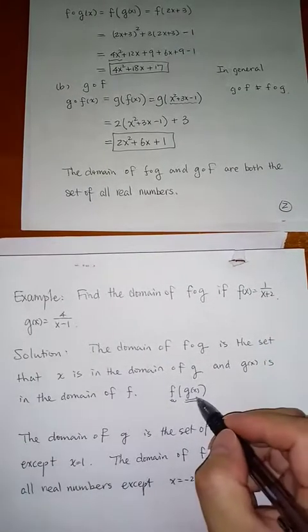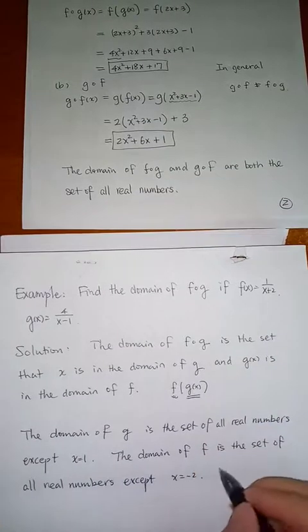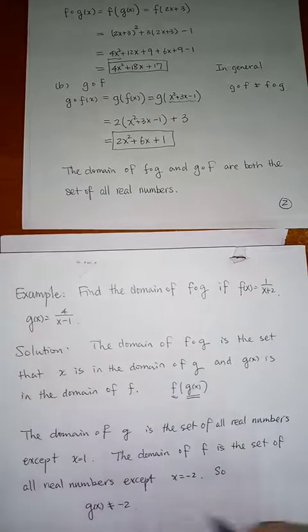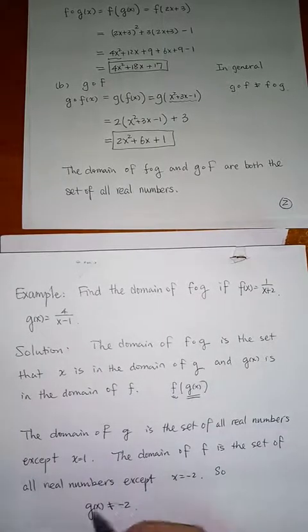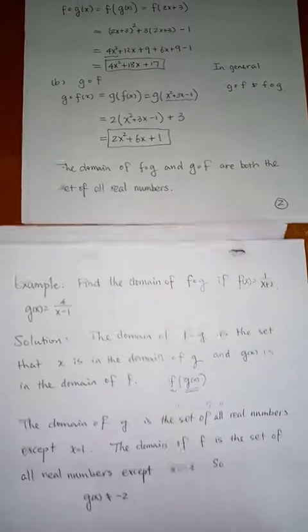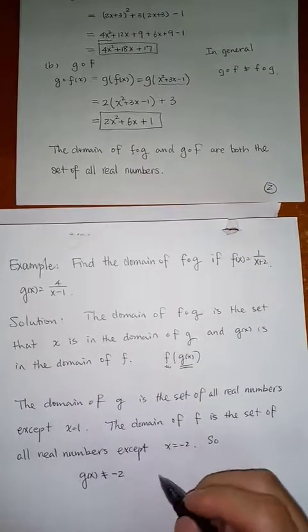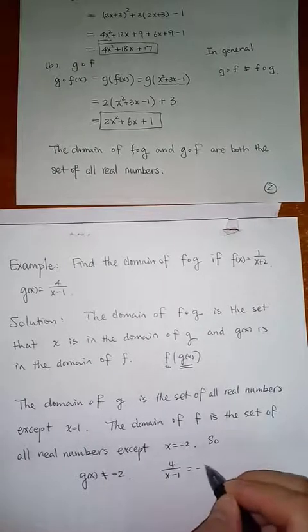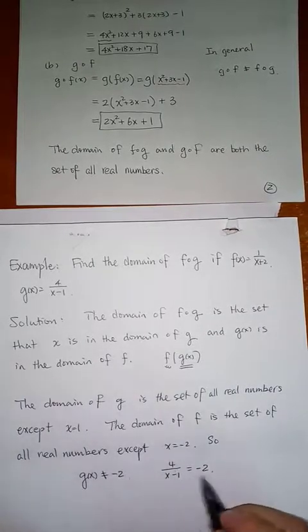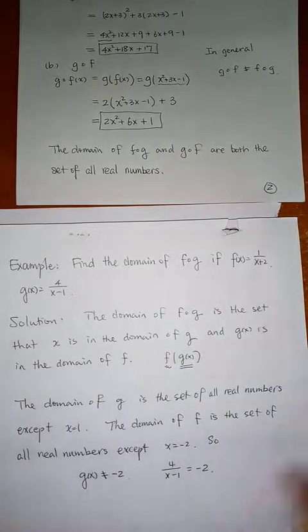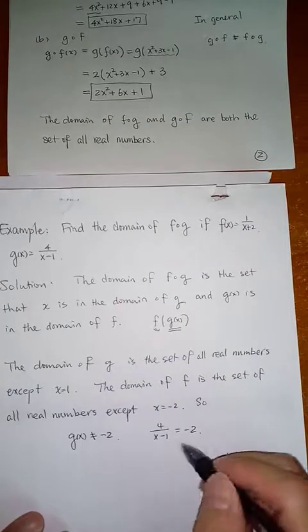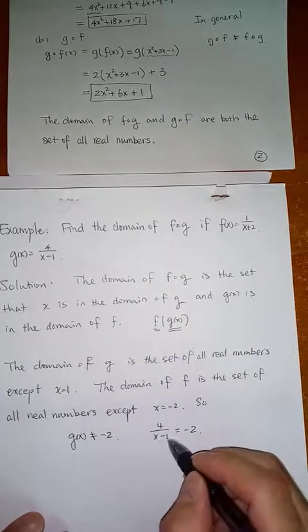So it means g(x) cannot be -2. So let's see what is the value of x when g(x) is equal to -2. That's the reason we first set g of x equal to -2, and then we are going to exclude that. Okay, so we solve this. We multiply both sides by x minus 1.